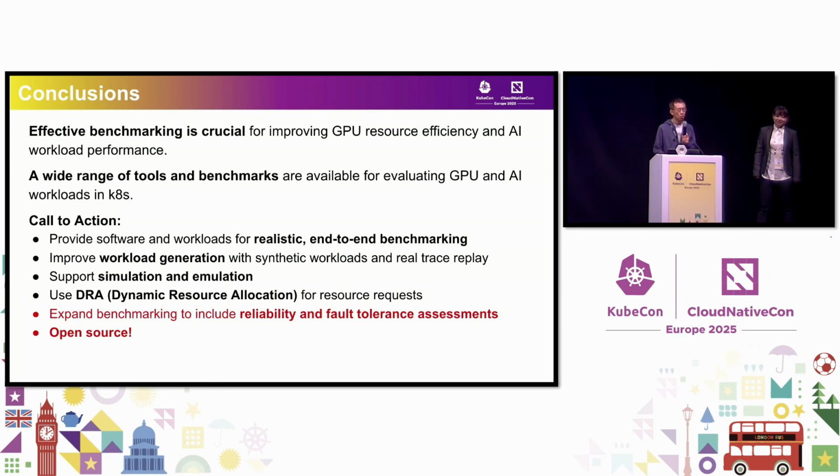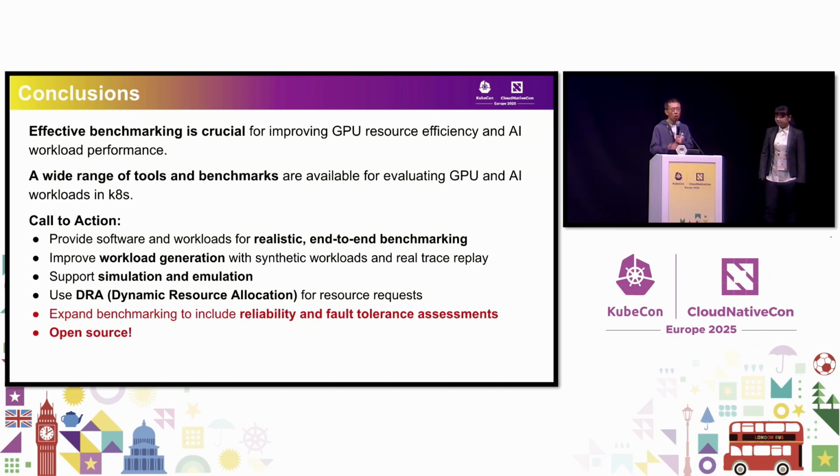It's not just about training or inferencing, but the end-to-end solution, even data processing, post-processing, and other things. Another thing is not only synthetic workloads for what-if analysis, but also replaying real traces. That's important. Also, simulation and emulation are used for deeper insight.